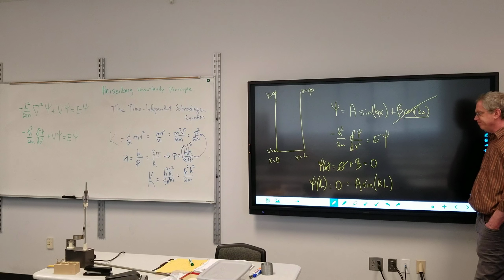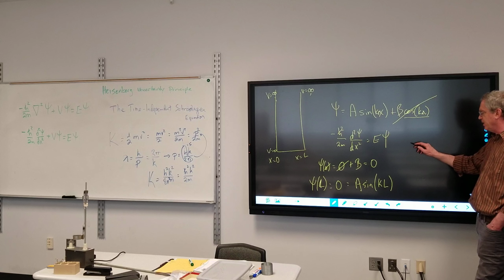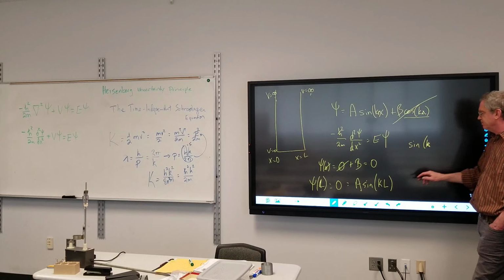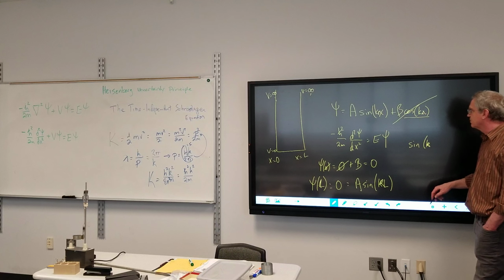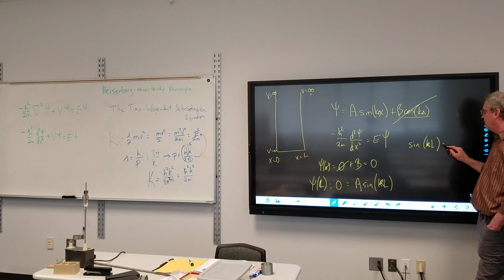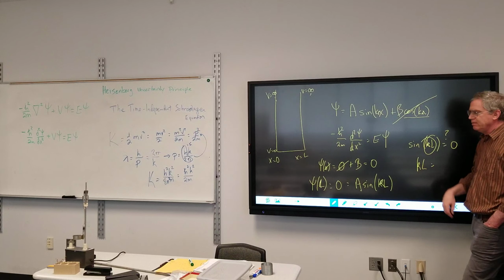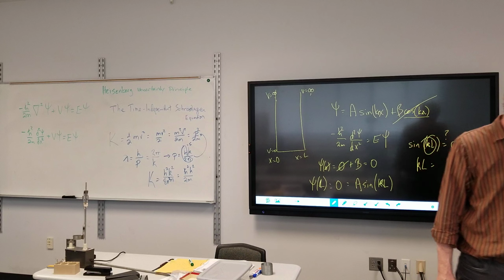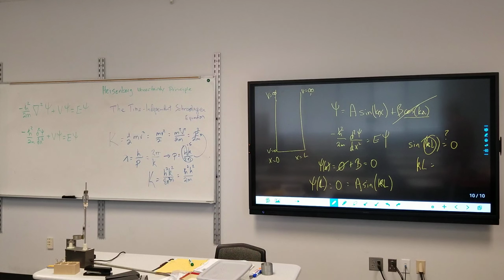So from this, well, we can divide by A. We aren't identifying A yet, so we have to figure out when is sine of KL equal to 0. For what values of that will the sine be equal to 0? When is the sine equal to 0?